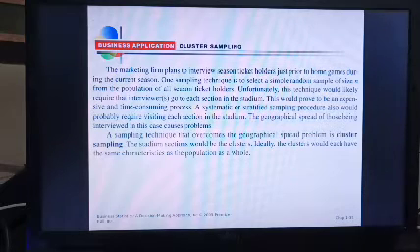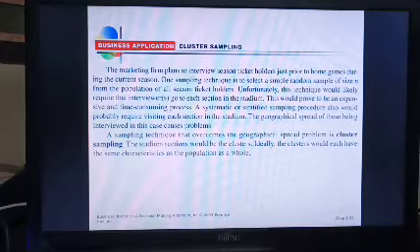Then we have here another business application, this one for cluster sampling. The marketing firm plans to interview season ticket holders just prior to home games during the current season. Well, I can't think much of a local version for this.